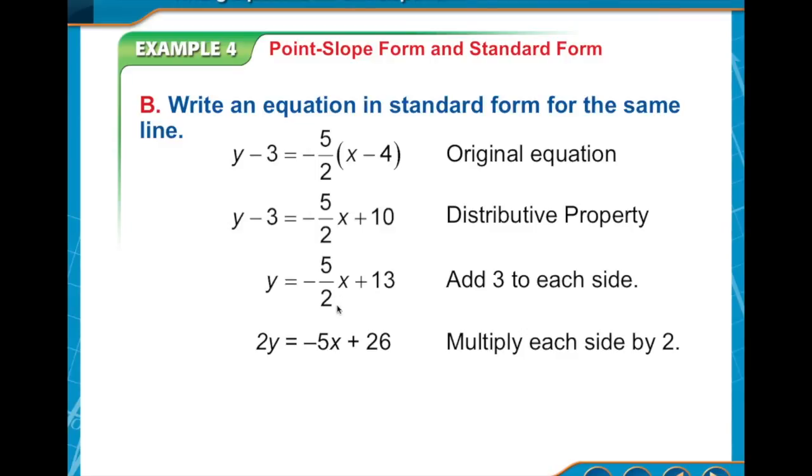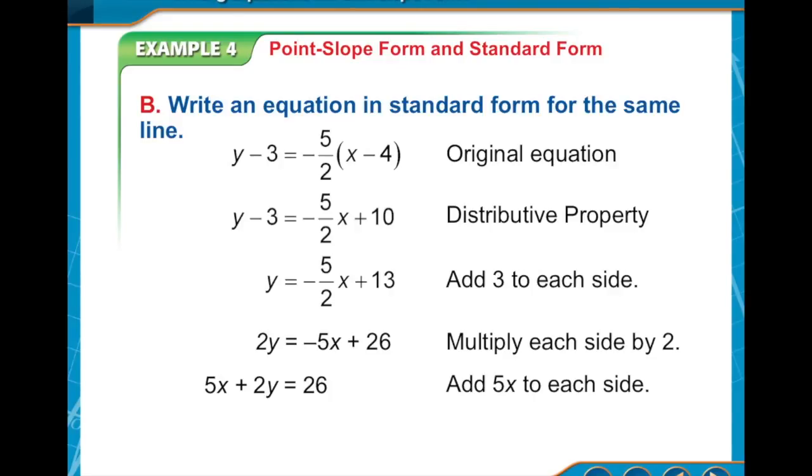But we want to get rid of the fraction. So how do we get rid of this denominator? You multiply everything by 2. So notice here, all the fractions are gone. And now we can get the x's on the left by adding 5x to both sides. This term will go away. We'll get a positive 5x over here. That's what we get with this step.